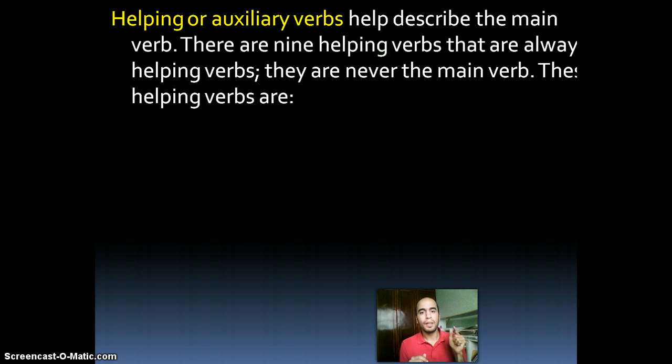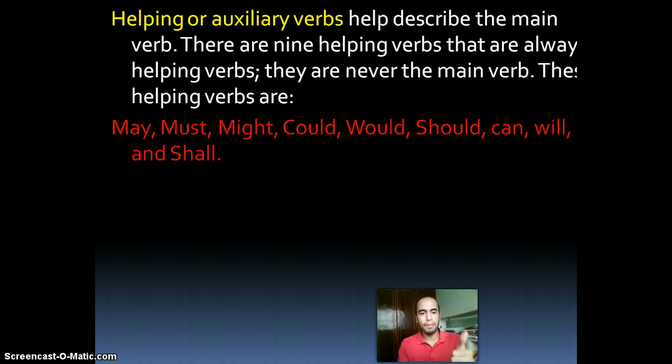They give a piece of information about the main verb, and they are countable in number. We have may, must, might, could, would, should, can, will, and shall. So here we have 9 types of auxiliary verbs.